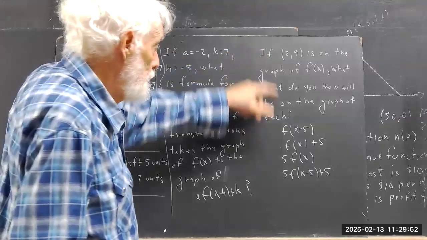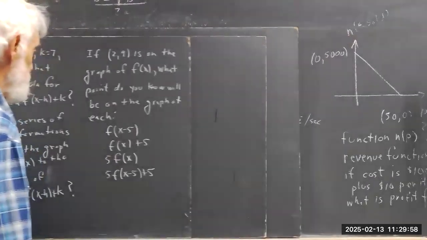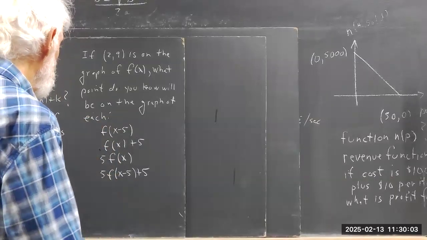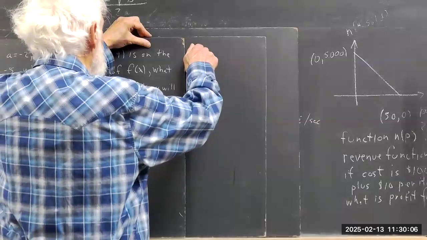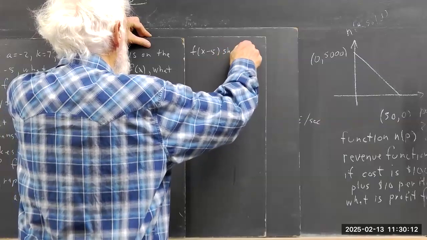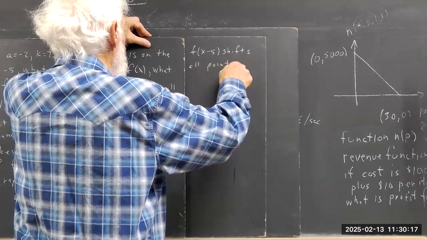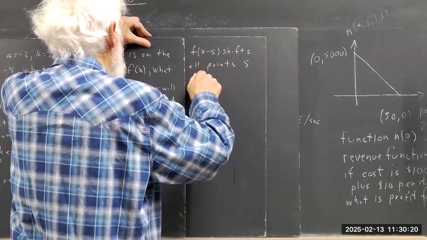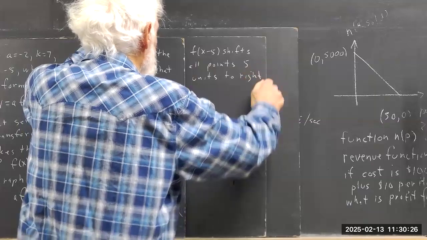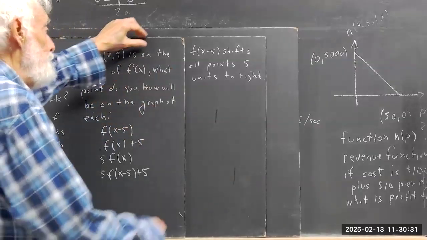All right, now for these, there's a point (2, 9) on the graph of f of x. What point will be on the graph of each? Well, let's say f of x minus 5 shifts all the points 5 units to the right.